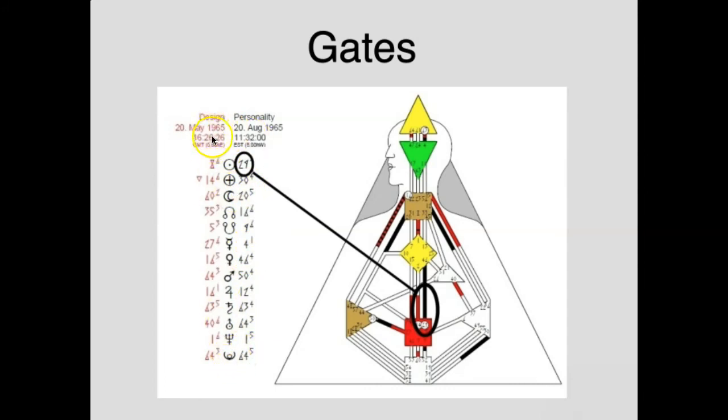And the red is basically your design, your unconscious, your body, as well as the black is your conscious or your mind. If we have a gate here, or a channel that is kind of a black and red checkered one, that means that it is influenced from both sides.